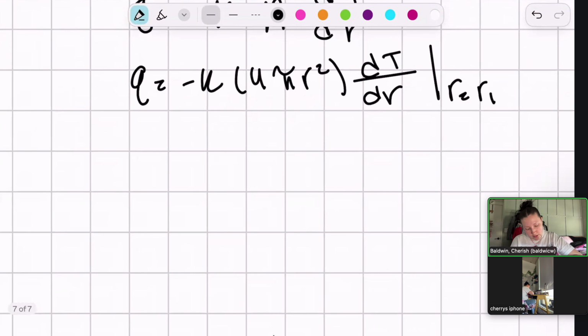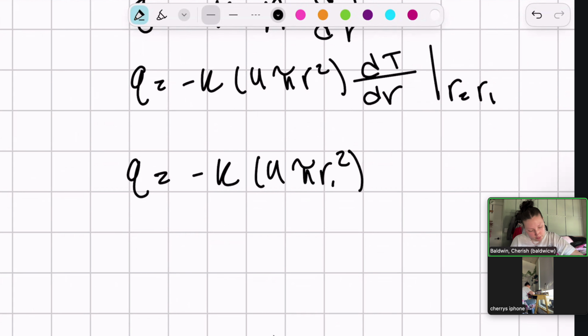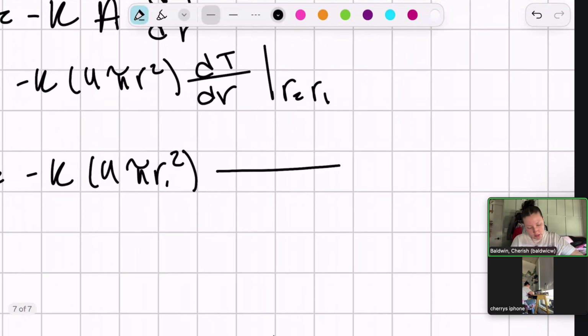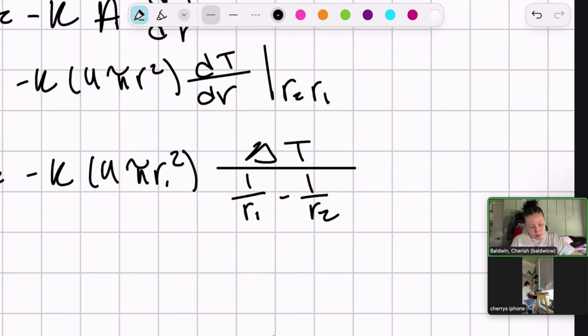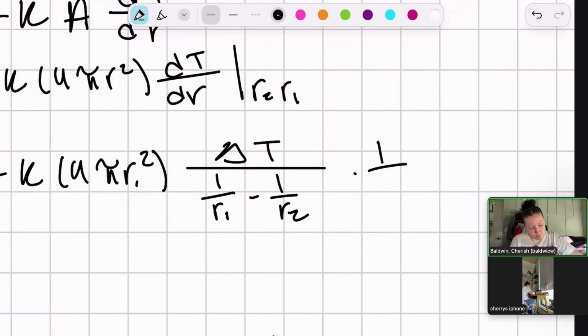So then that gives us Q is equal to negative K 4 pi R1 squared. And we know dT dr is delta T over 1 over R1 minus 1 over R2 times 1 over R squared.